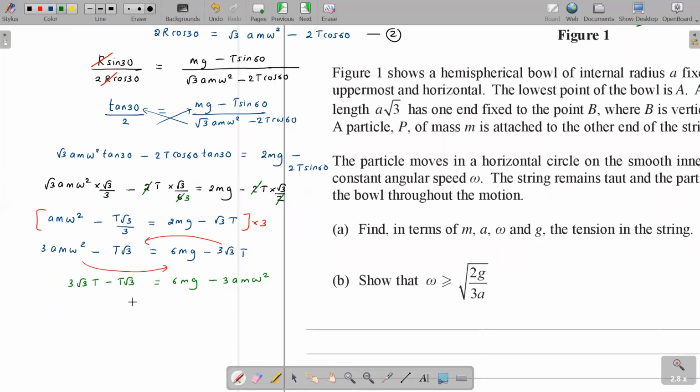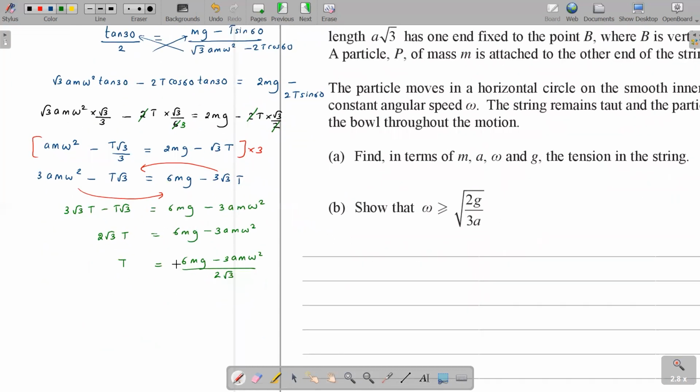So 3 root 3t minus 1 root 3t is 2 root 3t. So divide the whole thing by 2 root 3. Let's take the common things out and let's rationalize, to leave the final answer simplified.